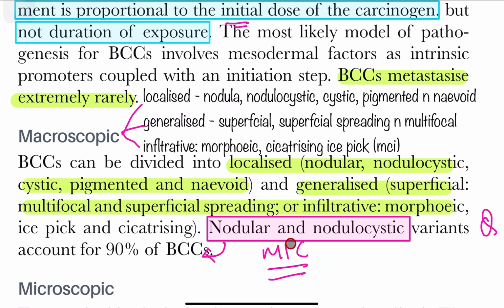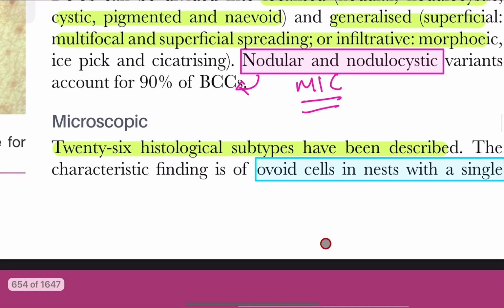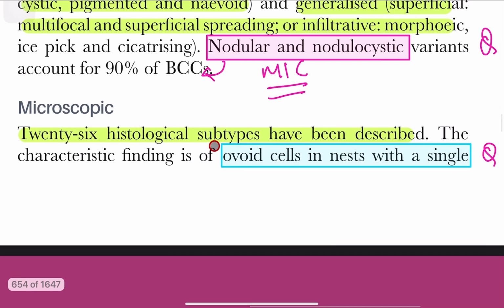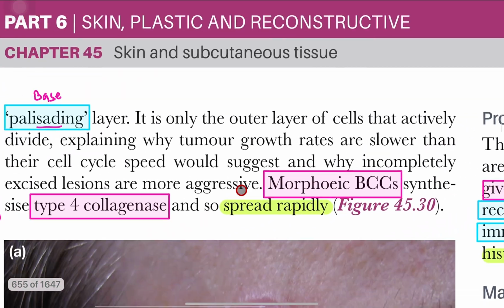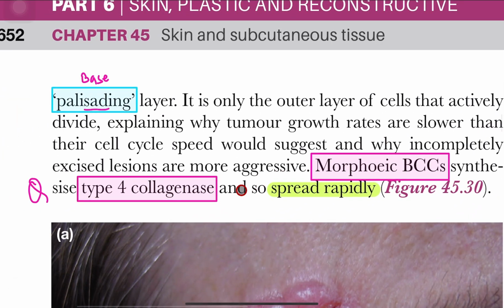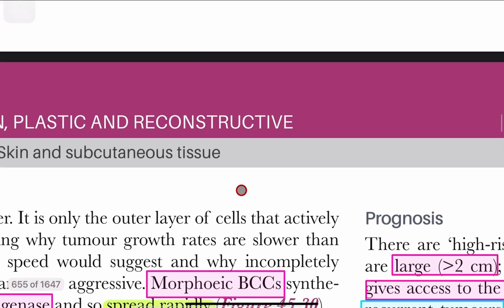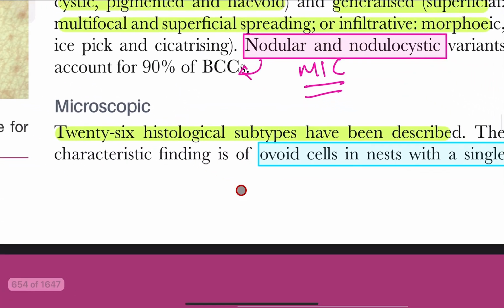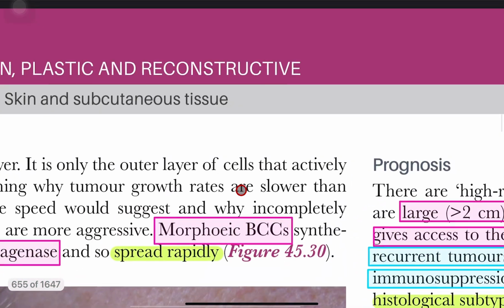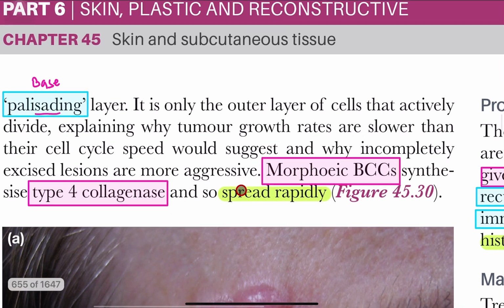I already told you nodular or nodulocystic is the most common variety. Okay. In microscopy there is a classical picture: ovoid cells in a nest with a single palisading. Okay. This line you have to remember.